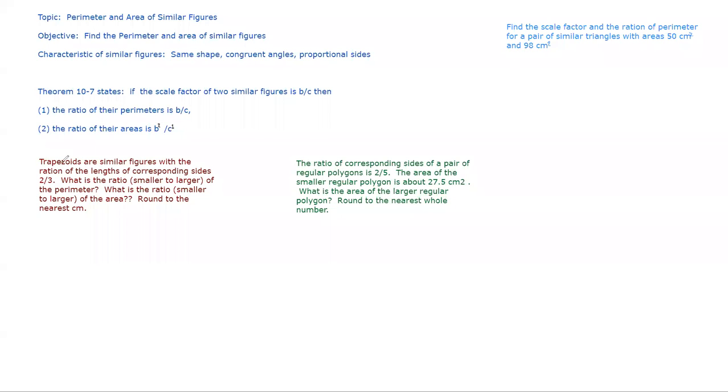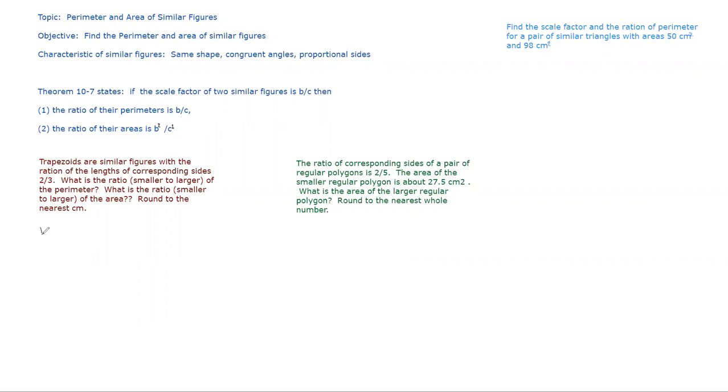In our first problem, we have trapezoids that are similar figures with a ratio of lengths of corresponding sides of 2 to 3. So their scale factor is 2 to 3. What is the ratio, smaller to larger, of the perimeter? Well, if this is b over c, perimeter is b over c.